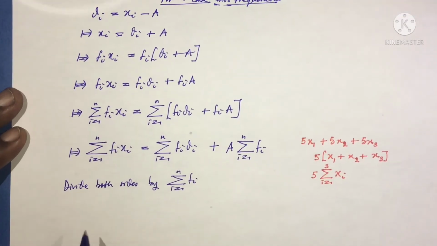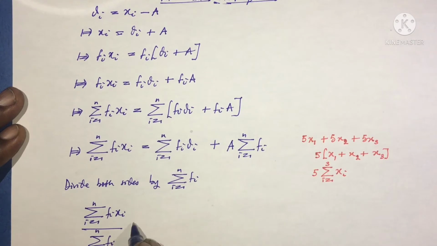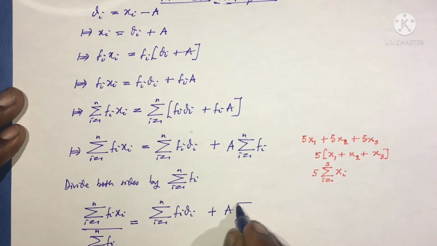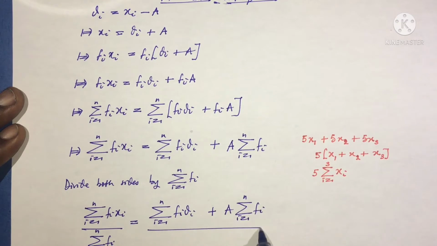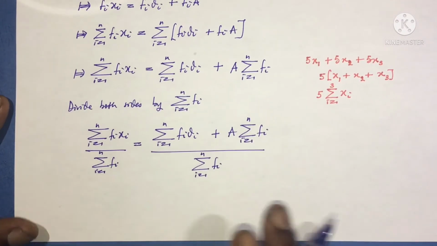When we do that, it will give us the summation from i equals 1 to n of fi xi all over the summation of fi from i equals 1 to n, equals the summation from i equals 1 to n of fi di plus a times the summation from i equals 1 to n of fi, all these over the summation of fi from i equals 1 to n. Okay, that is what we shall obtain.